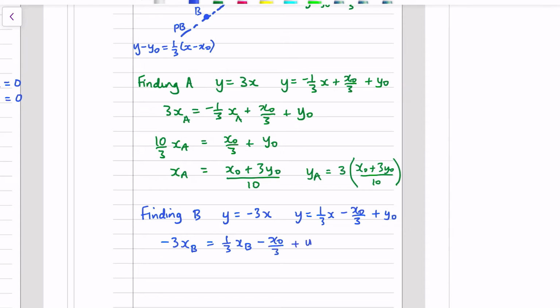Again, times everything by 3, or move the third across, so you've got minus 3 minus the third, times everything by 3, and divide by 10. So we've got minus 10 thirds xB. Actually, I'll times everything by minus 3.